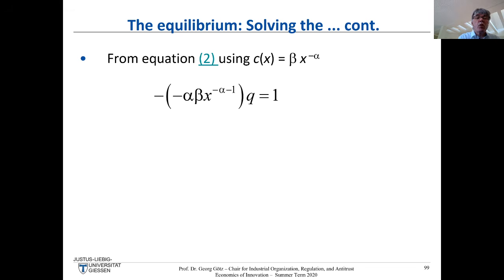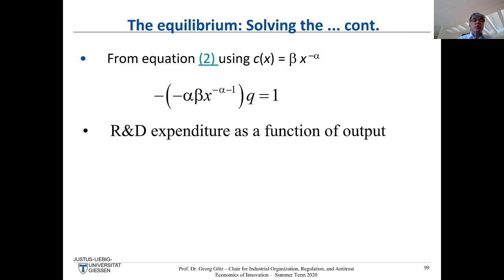Here we have our 1, our additional cost, and on the left-hand side you have the gain from the R&D expenditure, the reduction in cost. And so we can solve for the R&D expenditure X. R&D expenditure X is just this here.